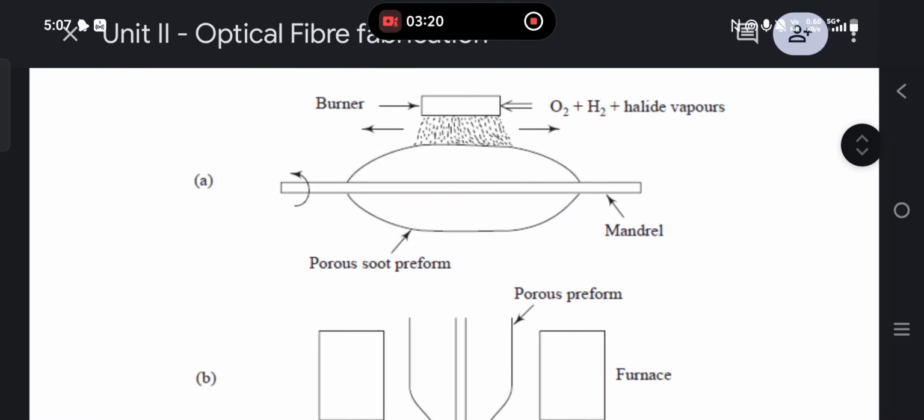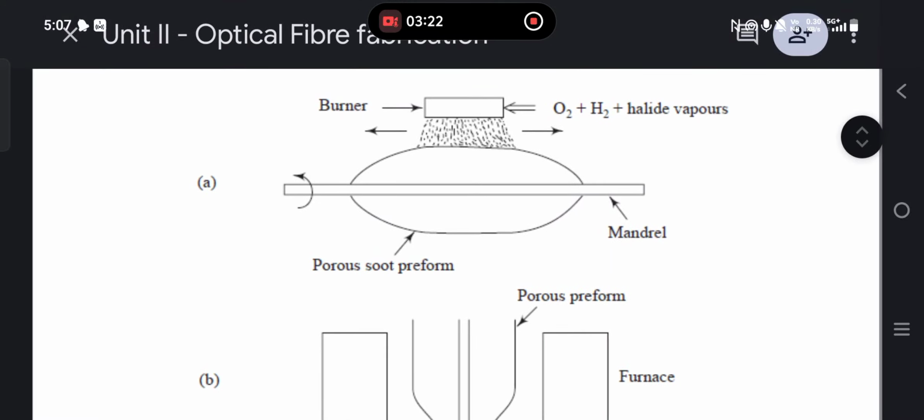Now this is the figure. This figure shows the basic schematic diagram of the fabrication technique. So this is the mandrel, and then O2 plus H2 plus halide vapors. Then the vapors are deposited on the rotating mandrel.